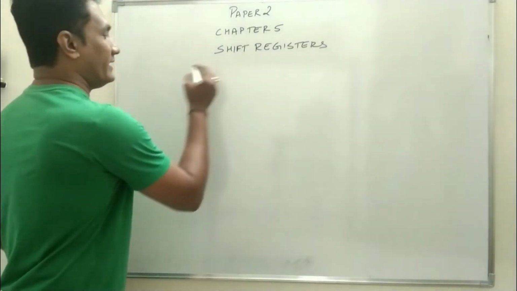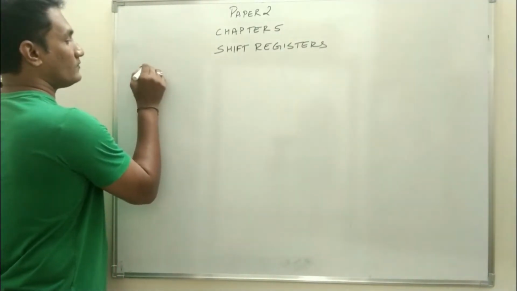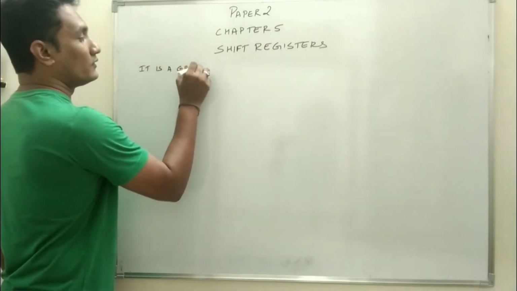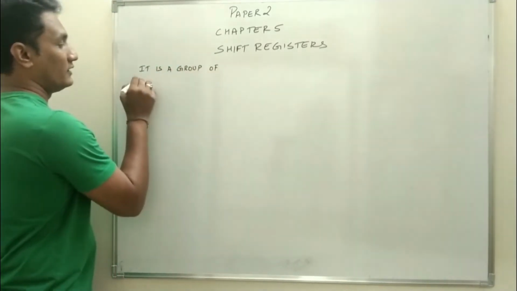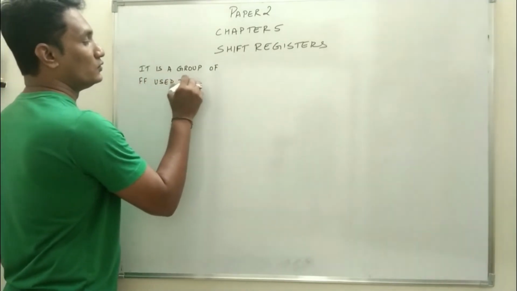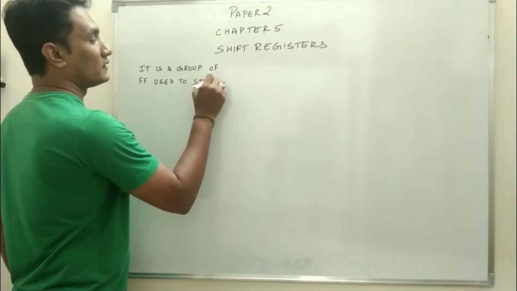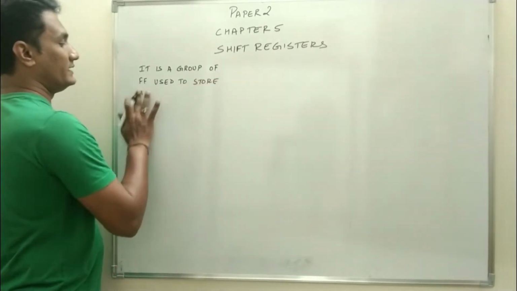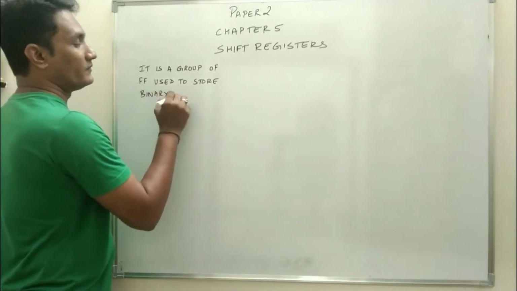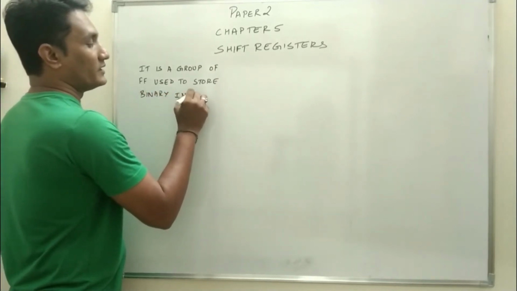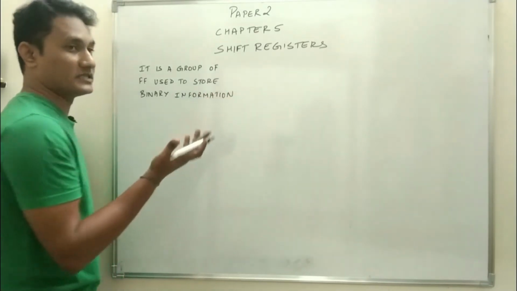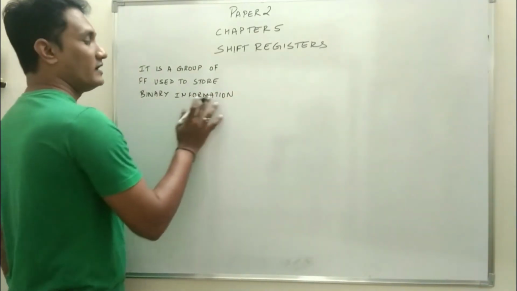So when you define, we say it is a group of flip-flops used to store binary information, which is, we can say, data, binary information which will be in the form of 0 and 1.